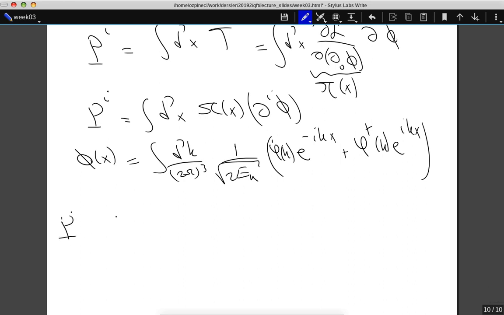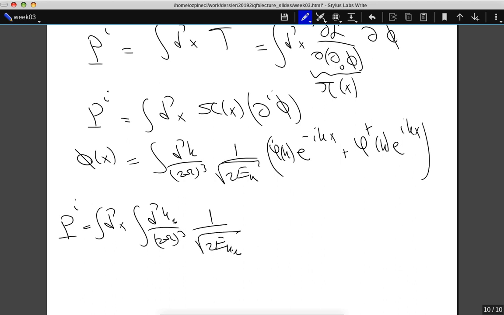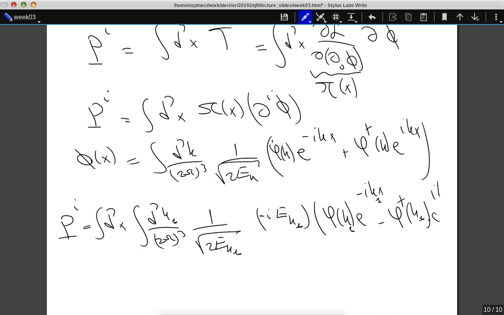So the integral becomes d cubed x. Now the conjugate momentum is just the time derivative of this expression, so it becomes the integral d cubed k1 over 2 pi cubed, 1 over square root of 2 e k1. The time derivative will just bring me a minus i e k1, times phi of k e to the power minus i k x minus phi dagger of k1 e to the power i k1 x.